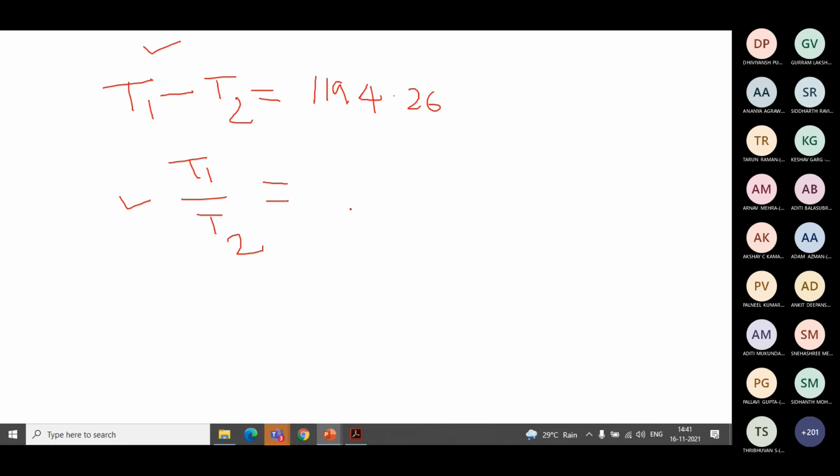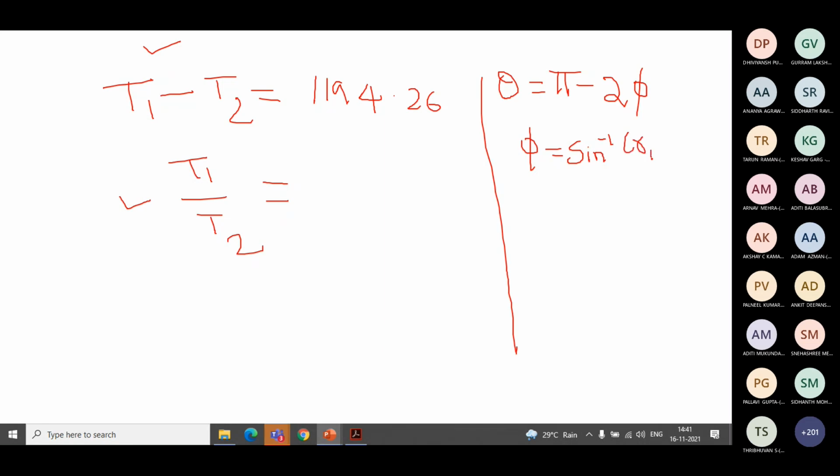T1 by T2, how you should be able to calculate theta. Open belt drive, right? Pi minus 2 times sine inverse of (R1 minus R2) by C. If one of the radius is not given, then you have to use the velocity ratio equation, N2 by N1 equals D1 by D2.